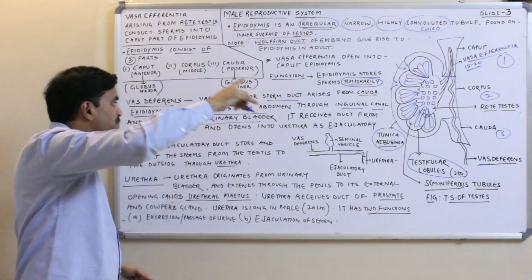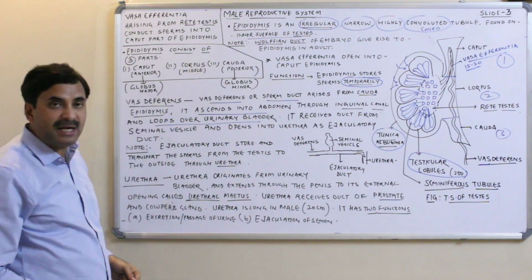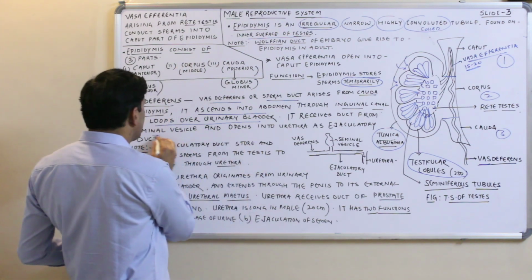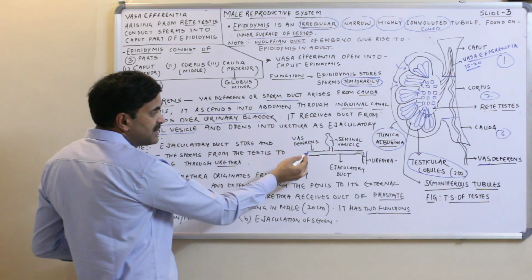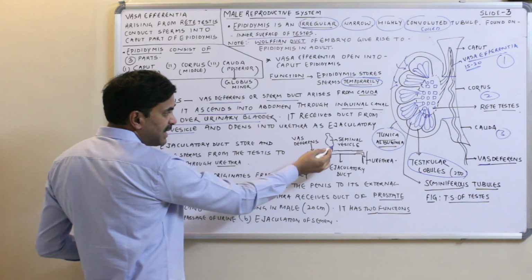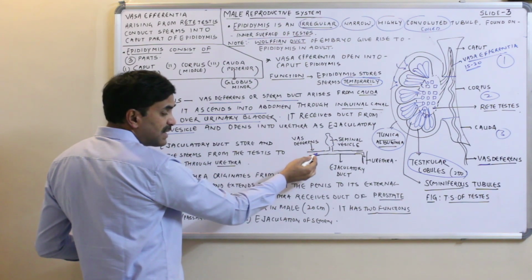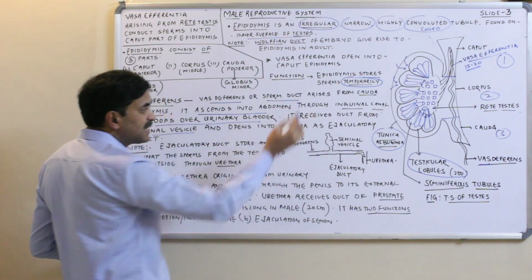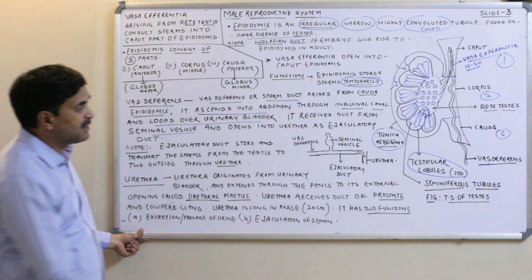It forms a loop over the urinary bladder, and then it receives a duct from the seminal vesicle. This is the seminal vesicle and this is its duct.